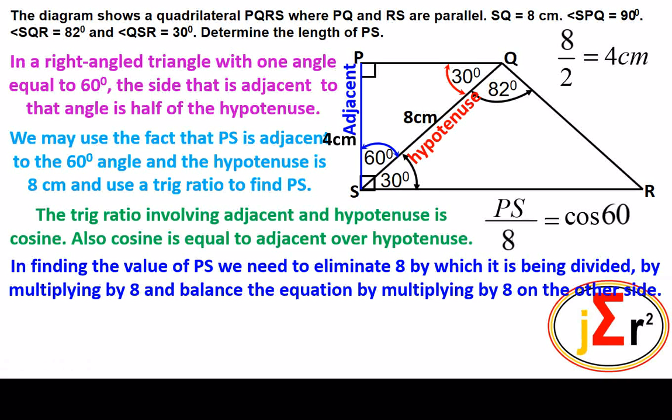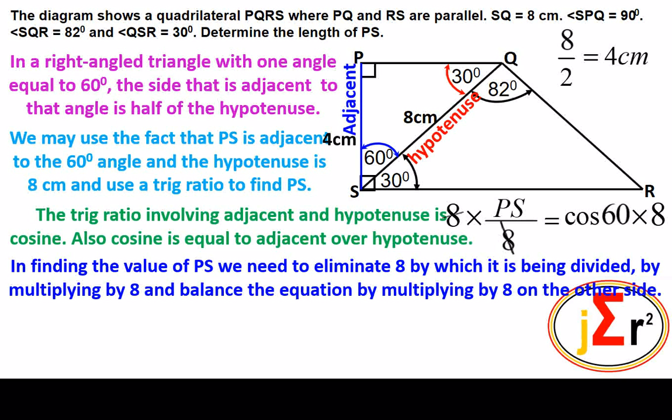When we have done that, the equation is going to be unbalanced because we would have changed the value or composition of one side of the equation. We therefore need to balance the equation by changing the other side in the same way, which means that we will also multiply by 8 on the right-hand side. There we are multiplying by 8 on both sides.